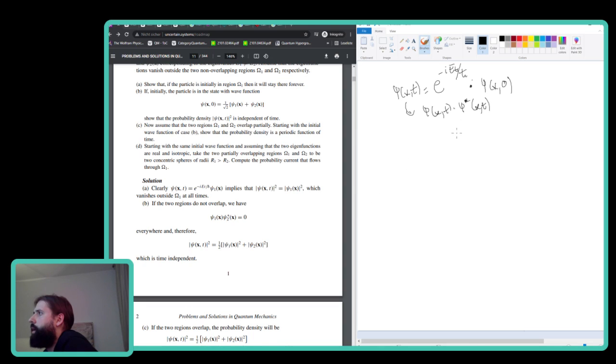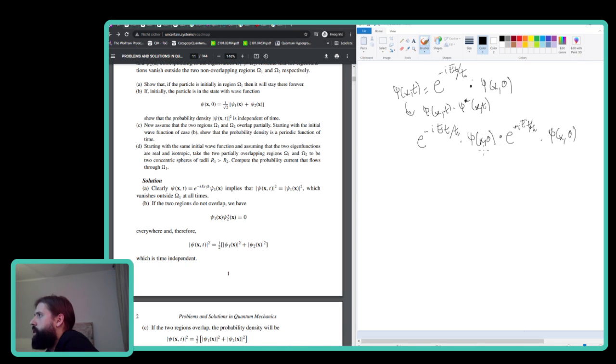So we do these times the conjugate: e to the minus i E t divided by h bar times psi x0, times the conjugate, e to the power of plus i E t over h bar times the conjugate of psi x0, which is the same because they are real.